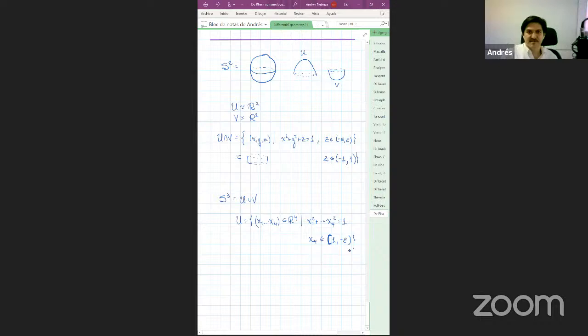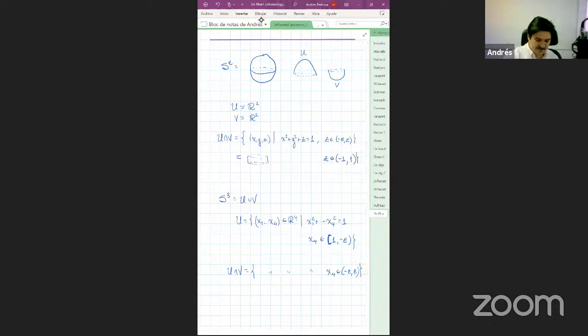Like this. In the splitting notation, that's the U that we took before. So U intersection V is the same, but x4 will go like this. Okay.